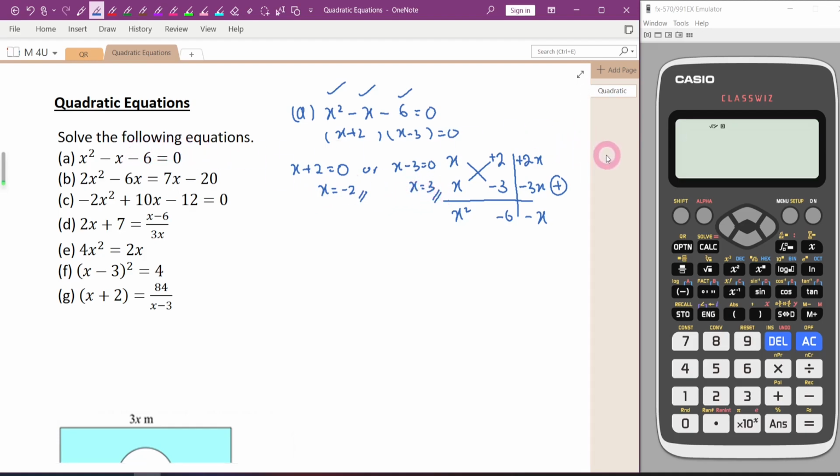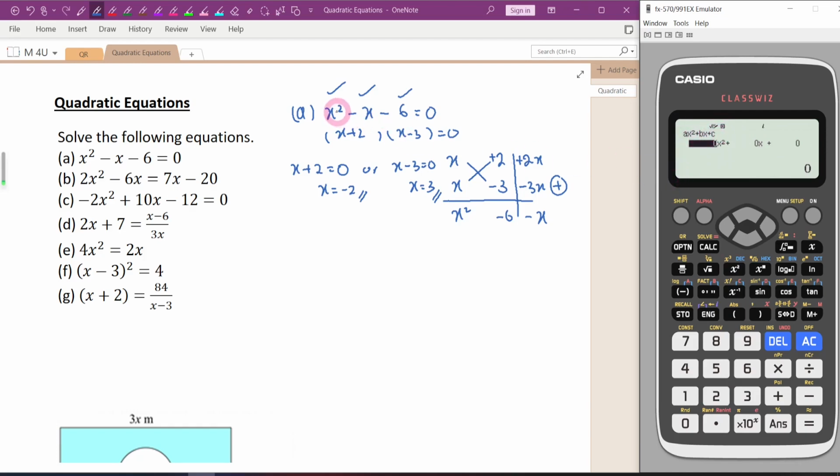So if you want to check your answer using your calculator, you can do it this way. Press menu, then go for equation, polynomial. The degree here is power 2, the highest power of this equation is 2, so we choose 2. Okay, you'll notice that you already have a template here, ax squared plus bx plus c.